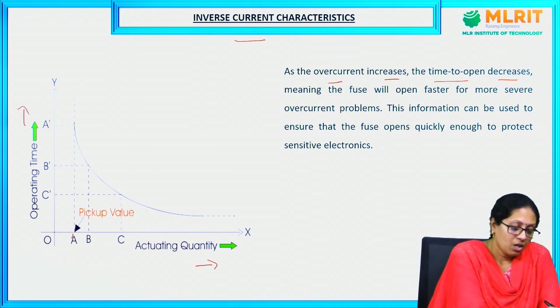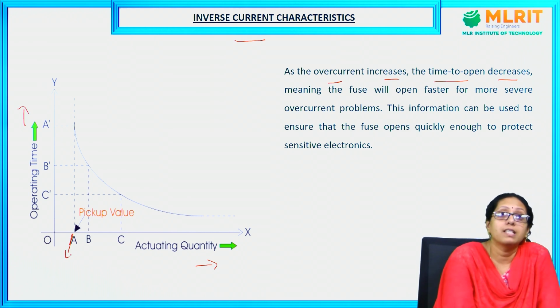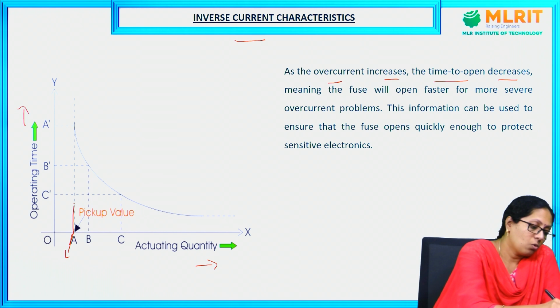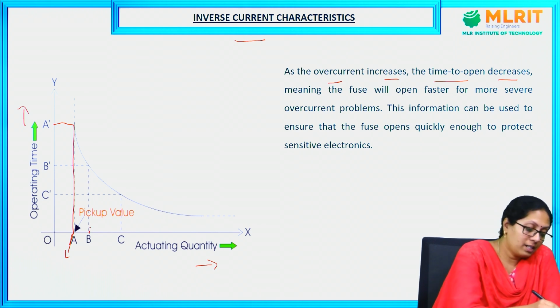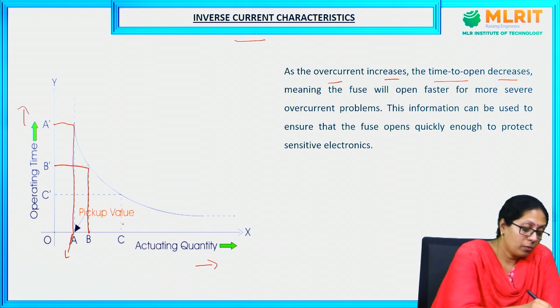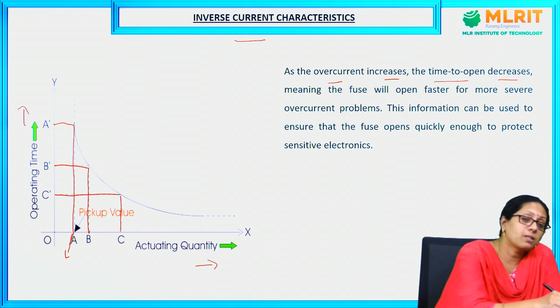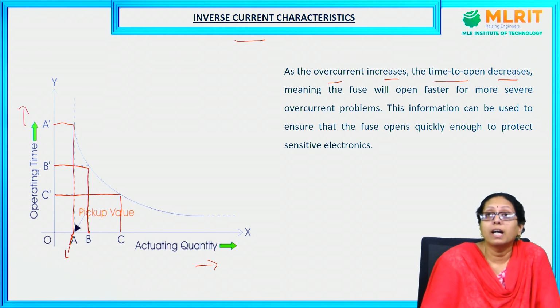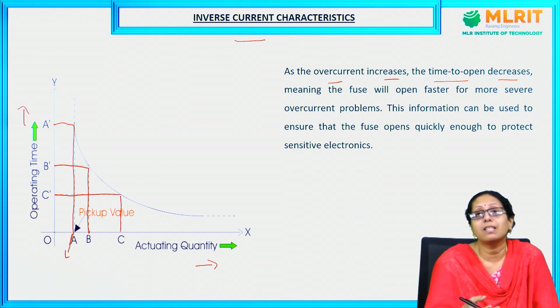If the overcurrent is less, the time to trip is more. When the overcurrent is moderate, time to trip is moderate. When the overcurrent is more, the time to trip is very less. So the overcurrent is inversely proportional to the tripping time.